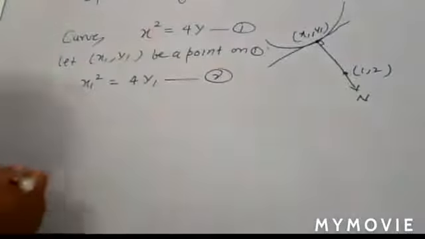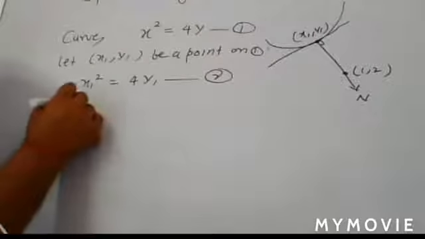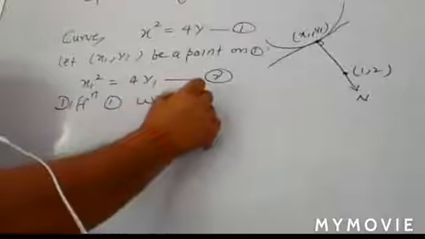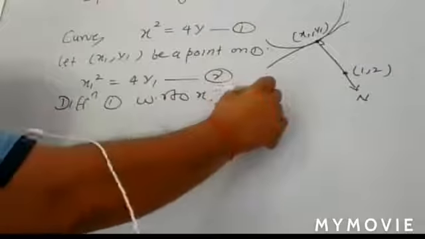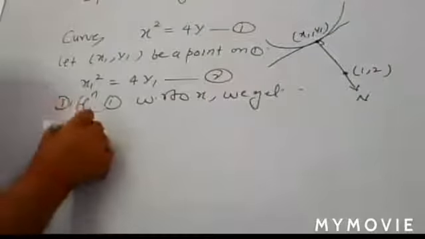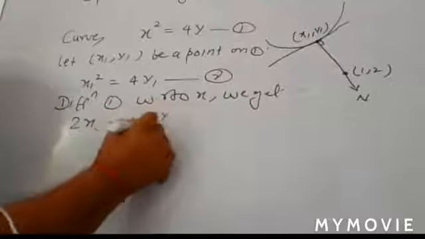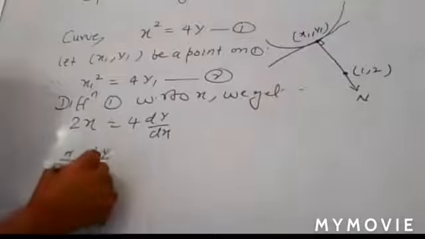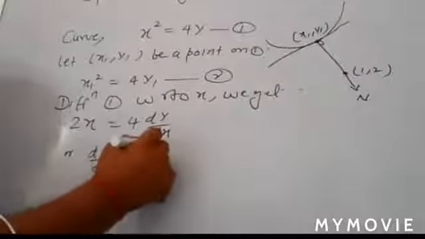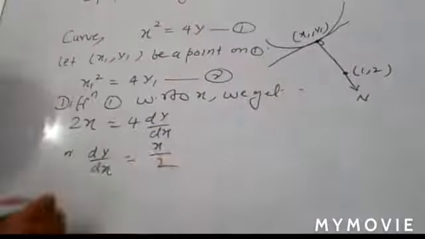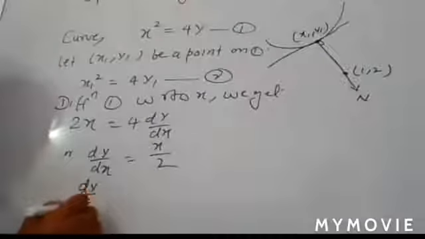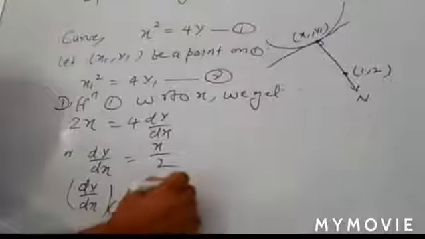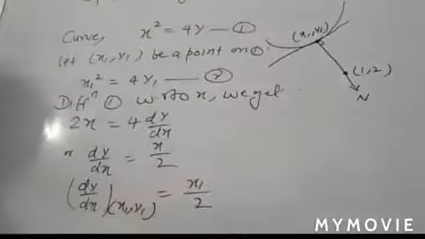Now differentiating 1 with respect to x, we get 2x is equal to 4 dy by dx. So dy by dx is equal to x upon 2. And the value of dy by dx at the given point (x1, y1) is equal to x1 upon 2.